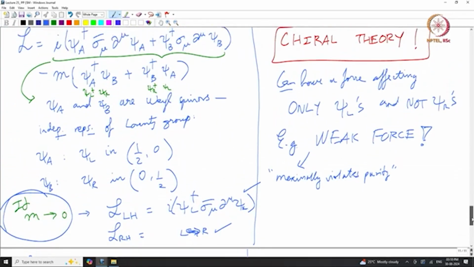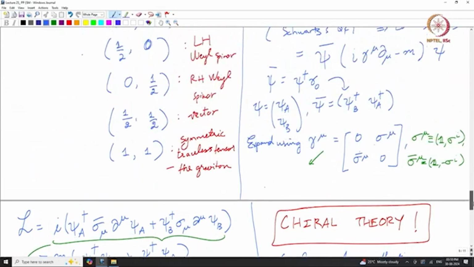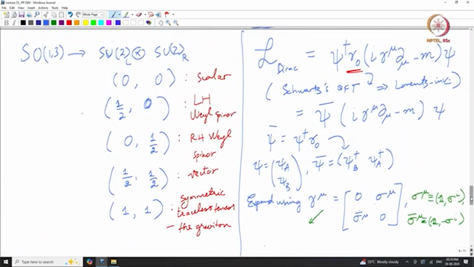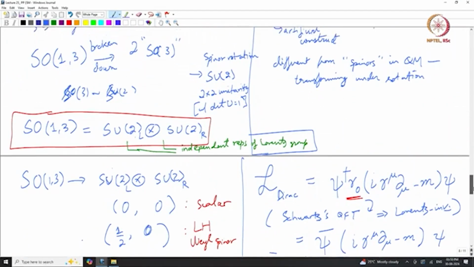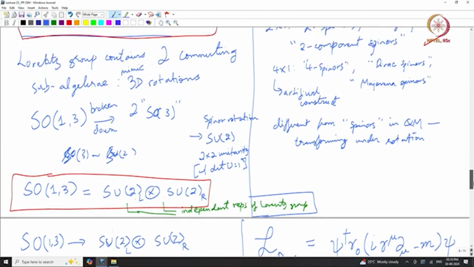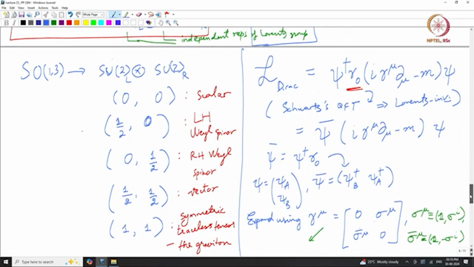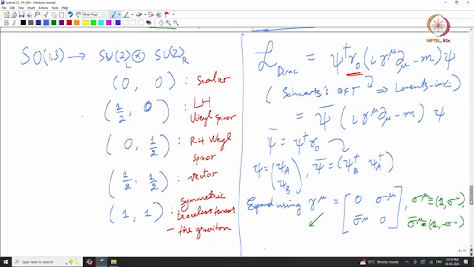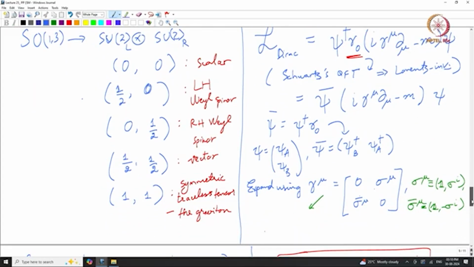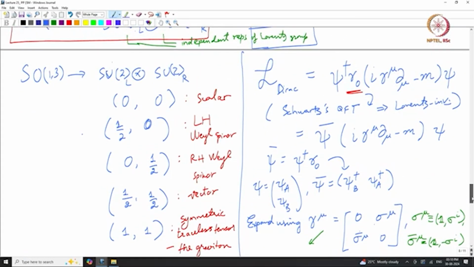We saw that spinors are nothing but yet another representation of the Lorentz group, probably the most important representation because that describes fermions. And then we saw that left handed fields and right handed fields live in their own independent representation, right? They are represented as Weyl spinors or two component spinors, correct?